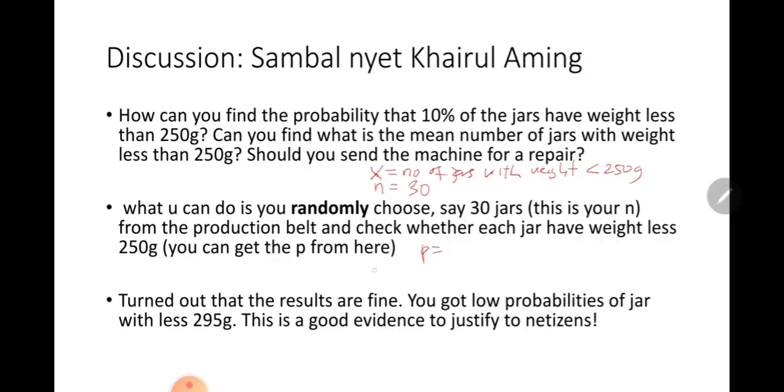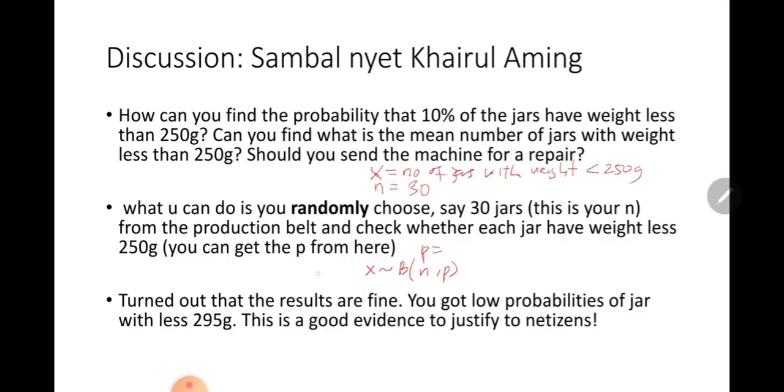So you know that your X will follow binomial with N and P. With that information, you know the number of jars with weight less than 250 follows binomial, so you can find how many of the jars have weight less than 250, and also the mean number of jars with weight less than 250.